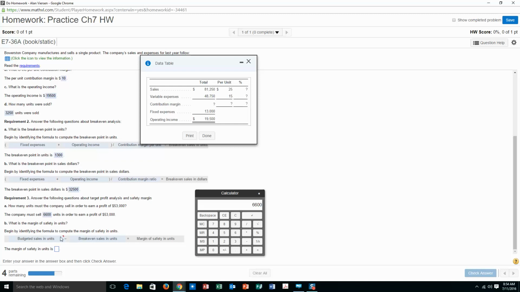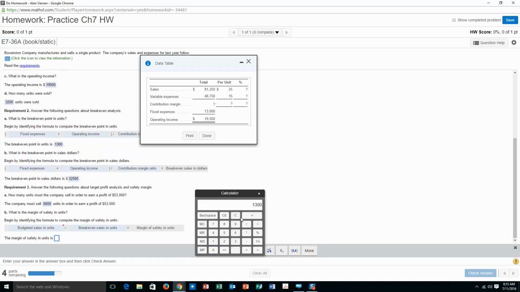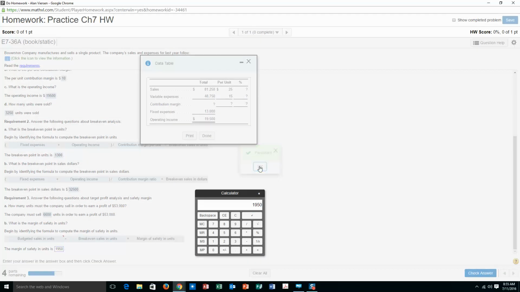Going back to the calculation, remember from previously, the number of budgeted sales units, or the number we sold, is 3,250, and we had a break even of 1,300. So the margin of safety is going to be 1,950 units.